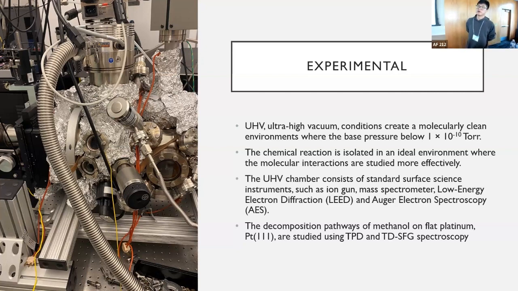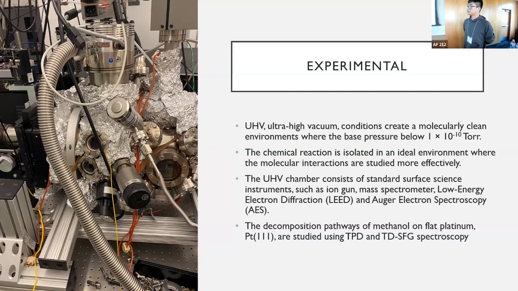The UHV chamber also consists of various surface science techniques such as the ion gun, the mass spec, the low energy electron diffraction, and the Auger electron spectroscopy. The ion gun is used to clean the sample, mostly to remove unwanted molecules on the surface.